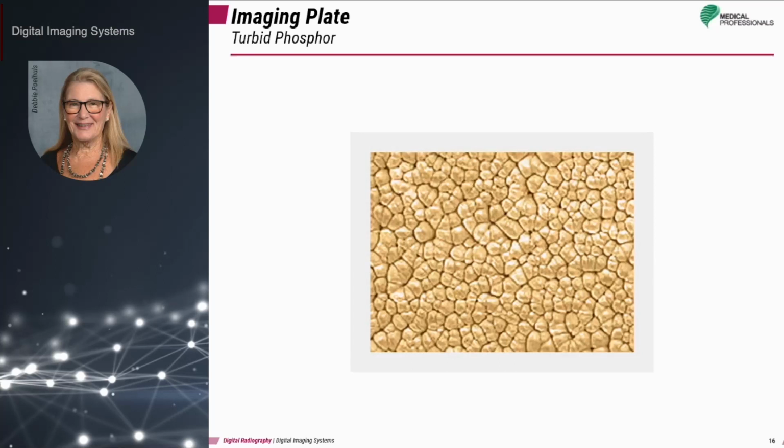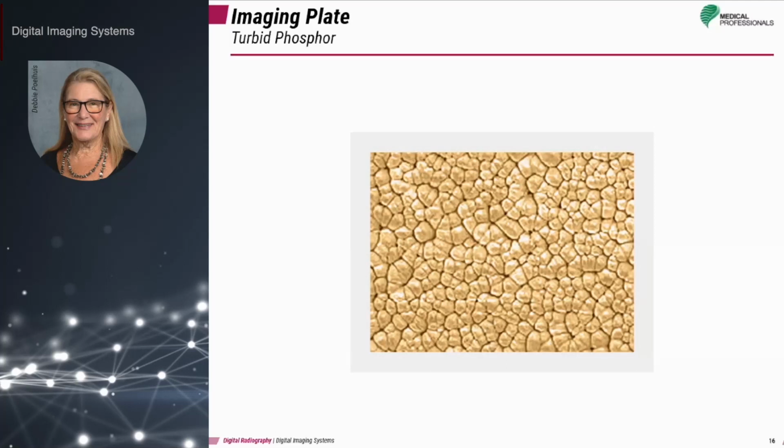Typically, phosphors of this type are barium fluorobromide, barium strontium fluoride bromide, gadolinium oxysulfide, and rubidium fluoride. They are termed turbid due to their crystal structure, and of course, this structure does have some drawbacks.